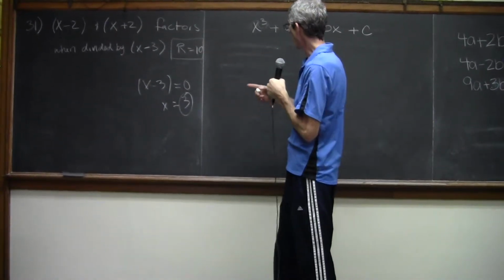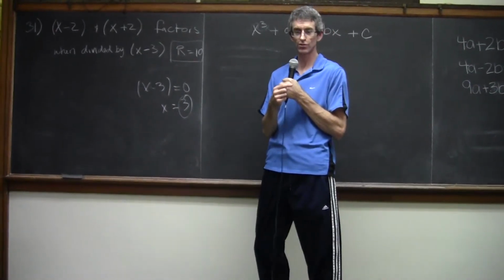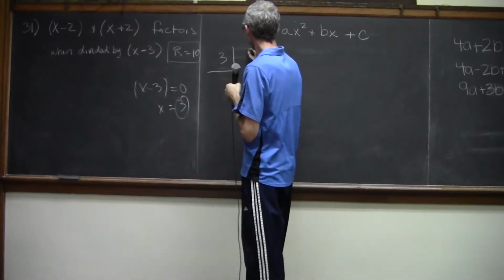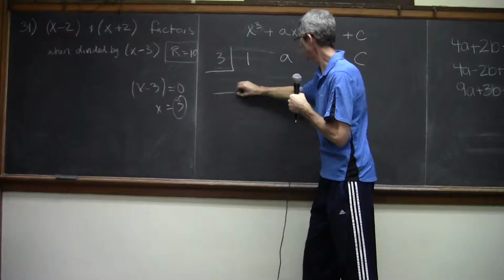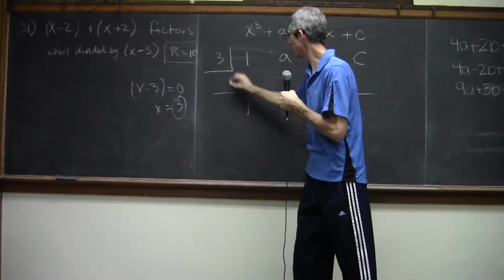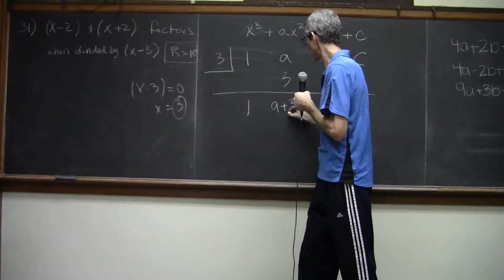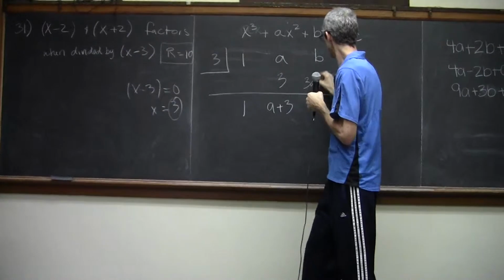And in this case, you'll see what happens. So I'm going to use synthetic substitution to do that. I'm going to put a 3 here. I'm going to drop down these coefficients, 1, a, b, and c. Drop that down. 3 times 1 is 3. That's a plus 3. Times 3 is 3a plus 9.